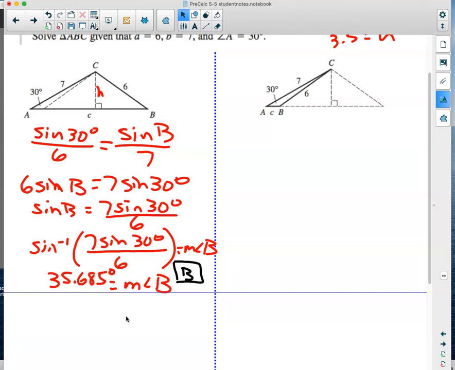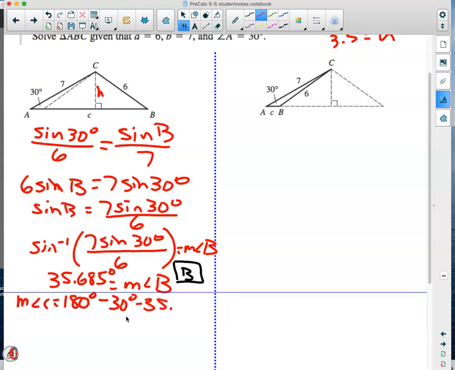Well, now we've got A and B. We can find angle C. Let's find it. 180 degrees minus 30 degrees minus our 35.685 degrees.